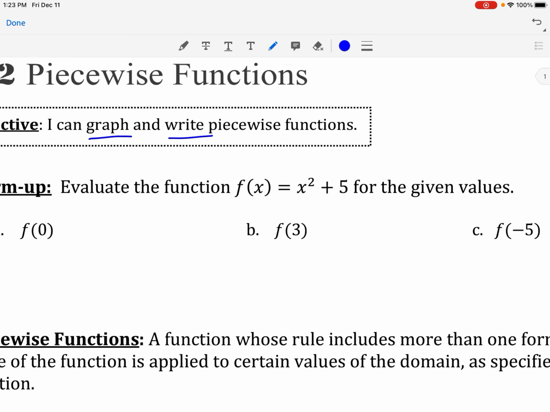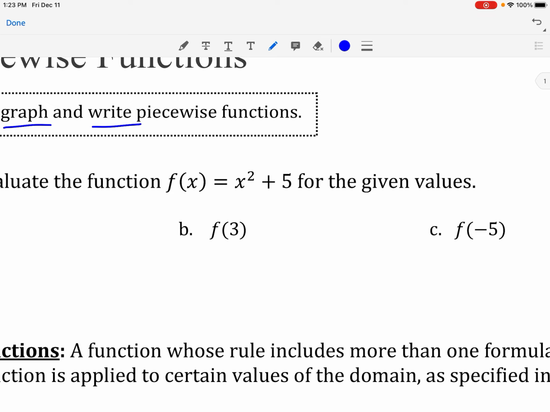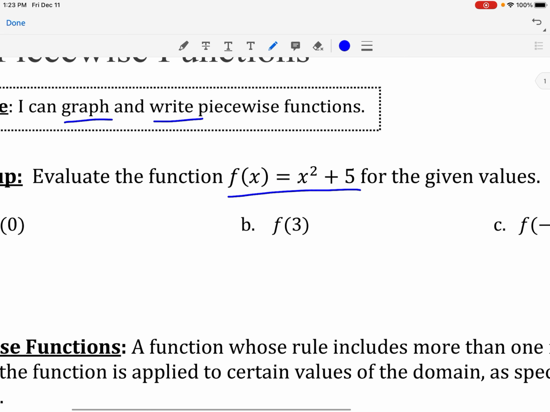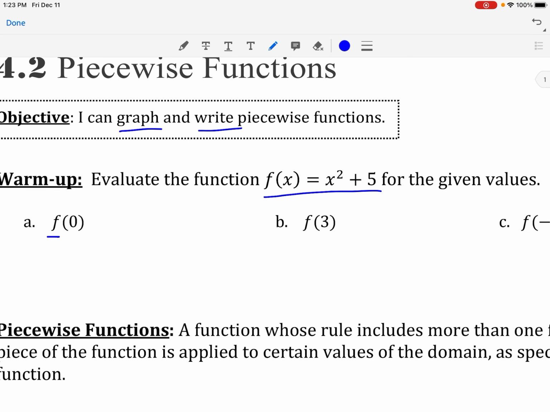So, evaluating a function: f of x equals x squared plus 5. This is written in function notation. When I see something in function notation and we're asked to evaluate somewhere, like f of 0, that just means whatever number is on the inside is going to be our replacement for our x value right here, and on the other side of the equal sign.